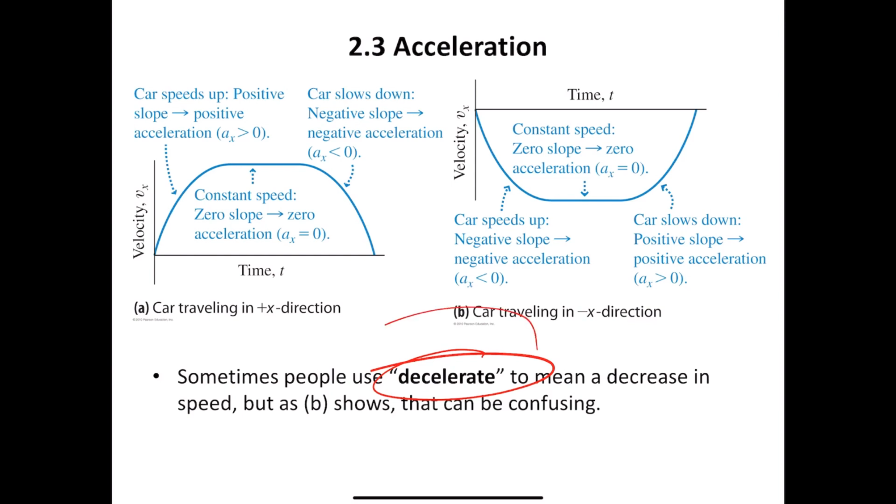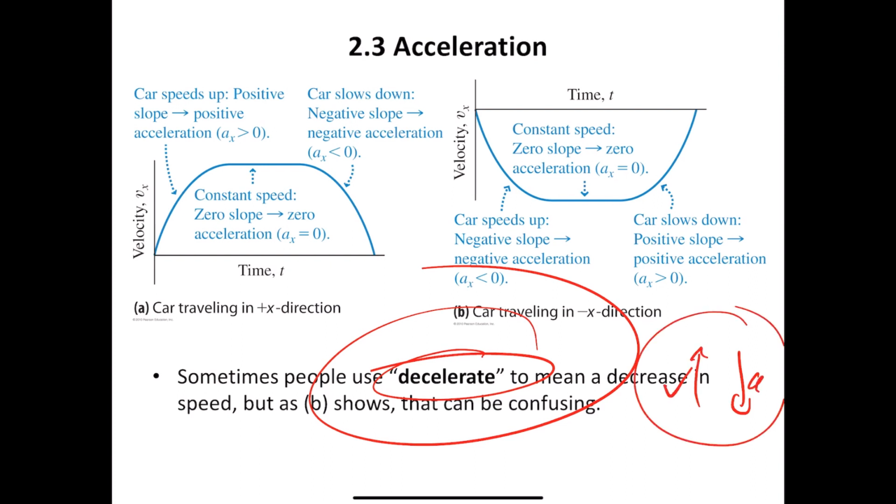So deceleration is the decrease in speed. When this one is V here, this is where deceleration happens. And if you're here, now sometimes people will say this case is acceleration. It's a bit confused.